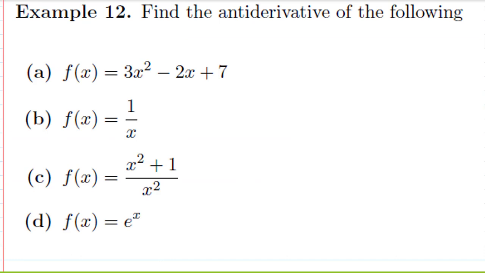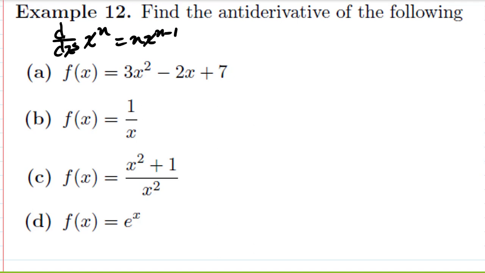So for example 12 from the review, we want to find antiderivatives. The key idea with antiderivatives is, remember that we are doing derivatives backwards. So for polynomials, we know that our derivative rule, when we took the derivative, d dx of x to the n was n times x to the n minus 1.